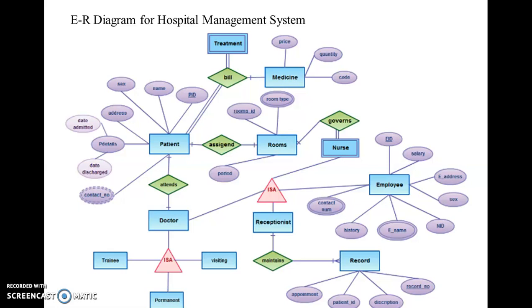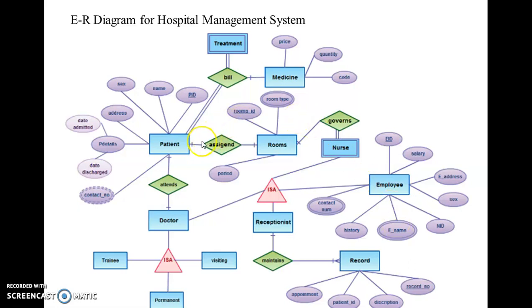Okay, so that hospital management system has patient, room, nurse, medicine, then employee, receptionist, doctor, then record as their entities. Whatever is shown by a rectangle, they are all entities.